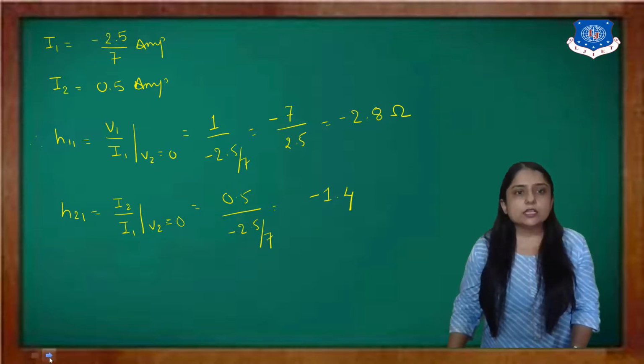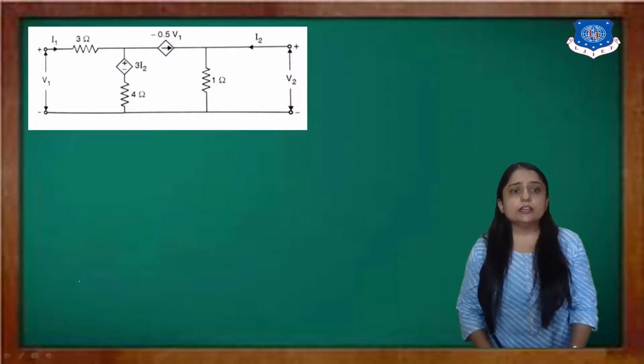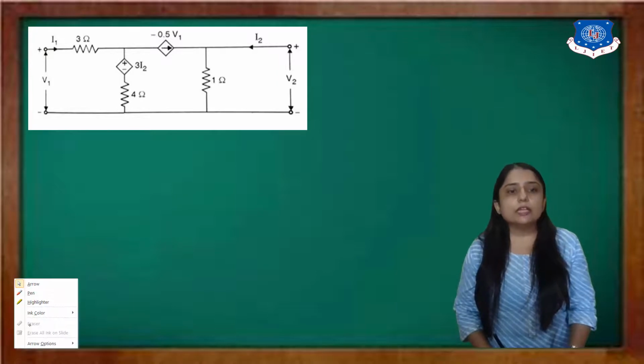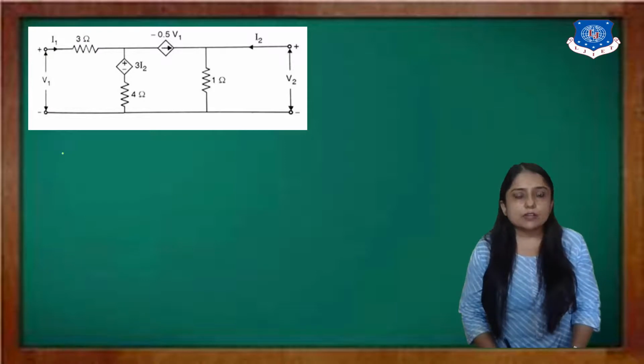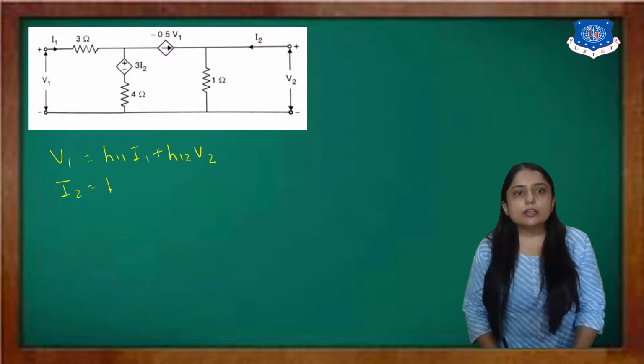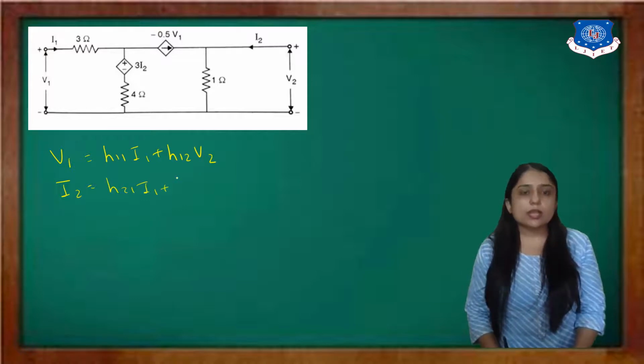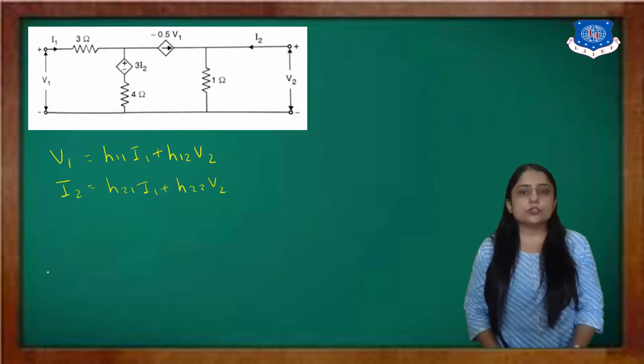Now next, we want to find out the rest of the values. So for that, what will we do? Again, we will assume our equations. Our equations are V1 and I2. Here I have H11 into I1 plus H12 into V2. Here I have H21 into I1 plus H22 into V2.